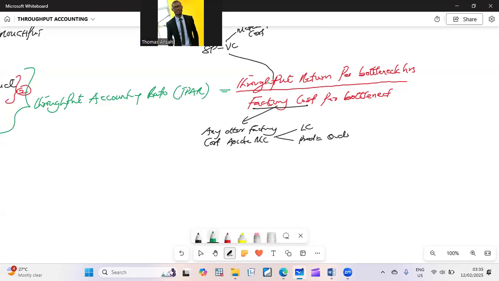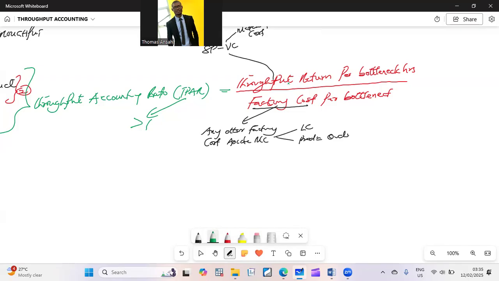So the throughput accounting ratio of a product should be more than 1 for it to be acceptable or treated as profitable. So basically we can say that the product is profitable.